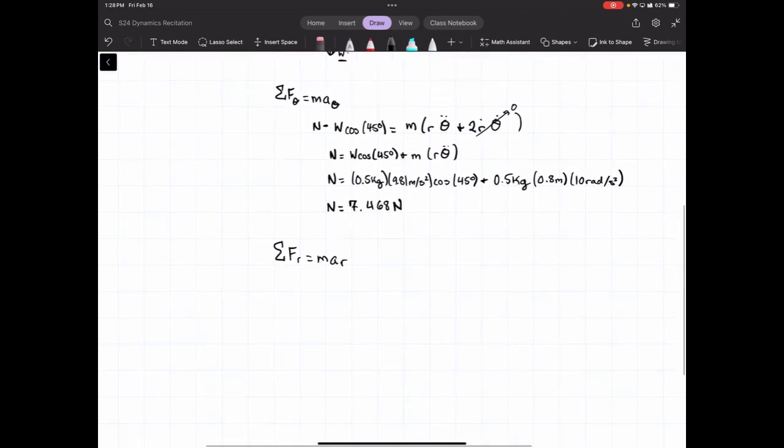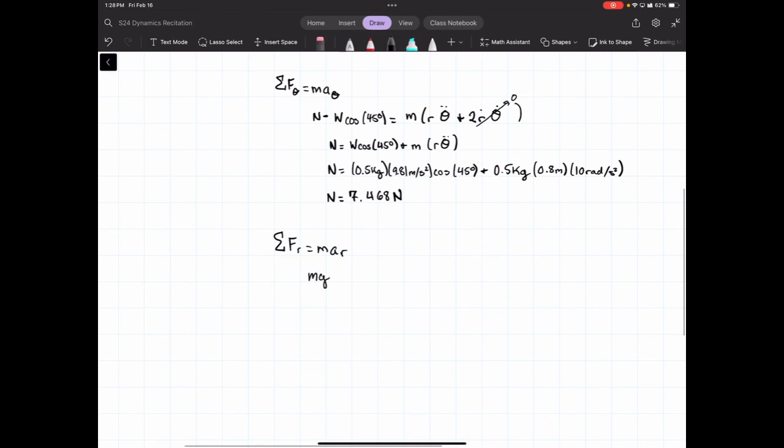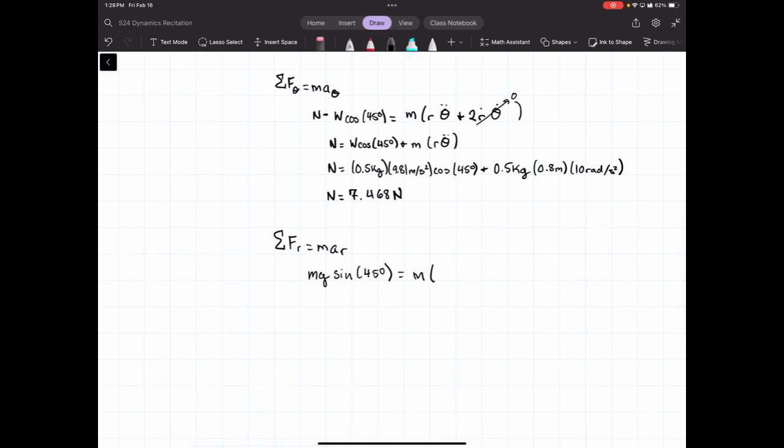So we have that the mass times the acceleration due to gravity times the sine of 45 degrees is going to equal m times, and if you look back at your equation sheet, we will know that the acceleration in the radial direction is going to be r double dot minus r theta dot squared.